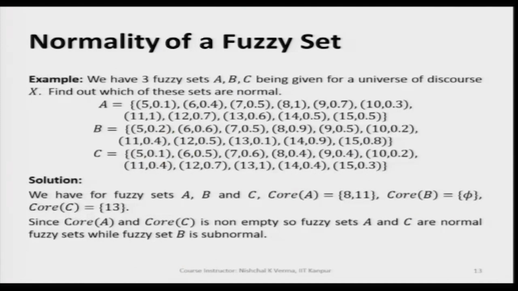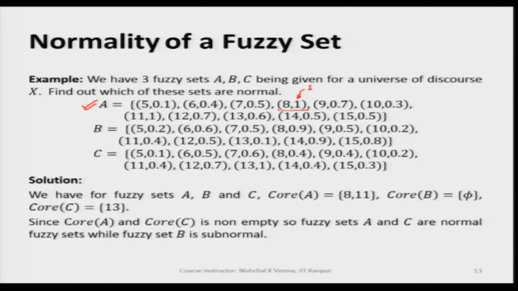Let us now take this example of discrete fuzzy sets A, B, C. If we take fuzzy set A, we clearly see that in this fuzzy set we get a fuzzy point where the corresponding membership value is 1.